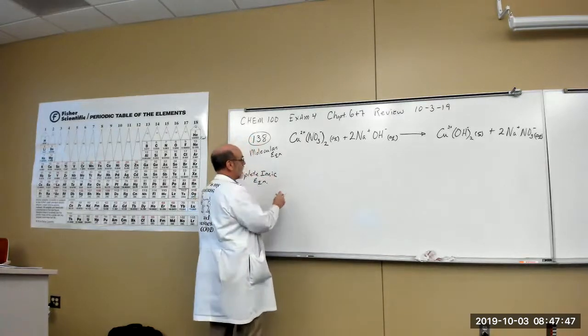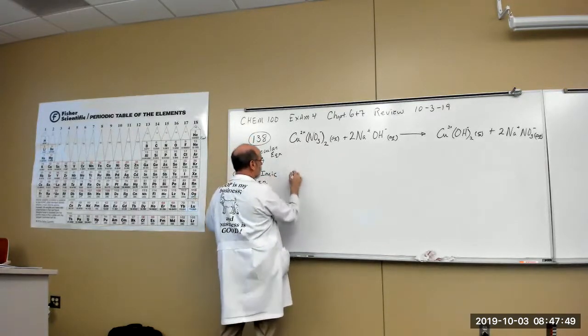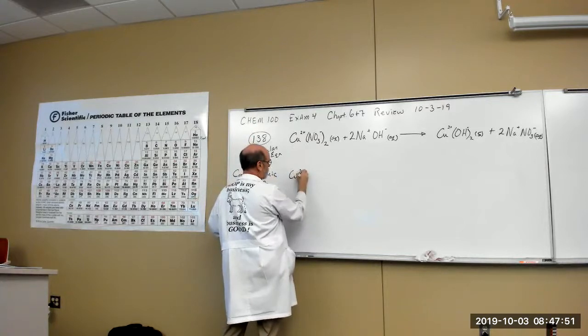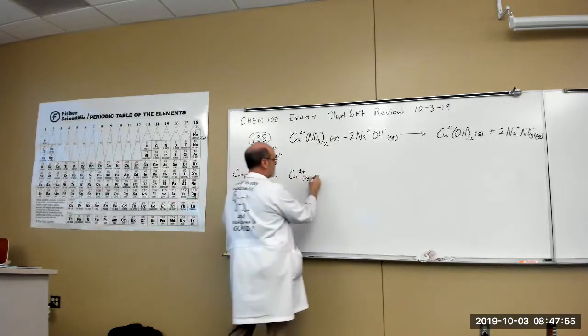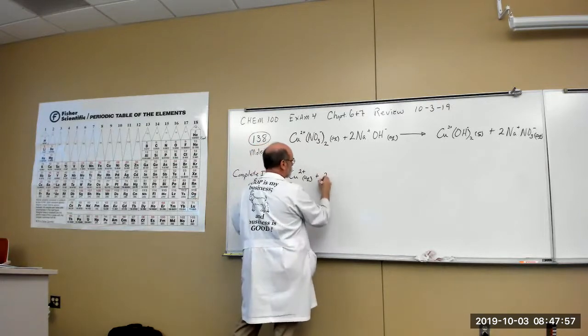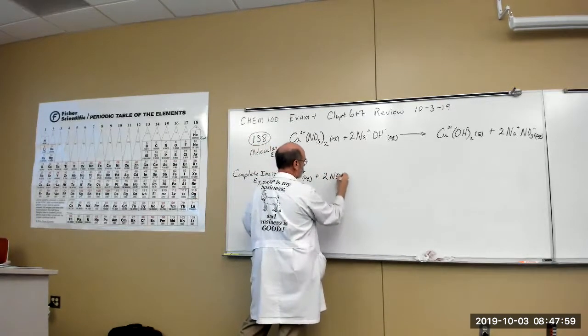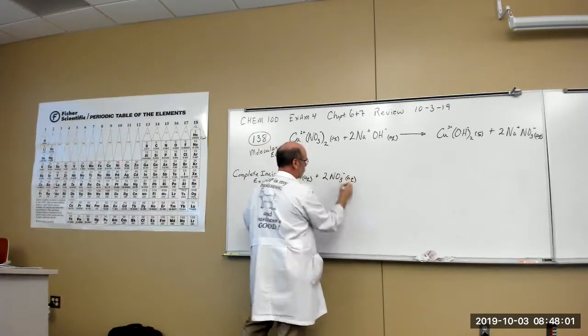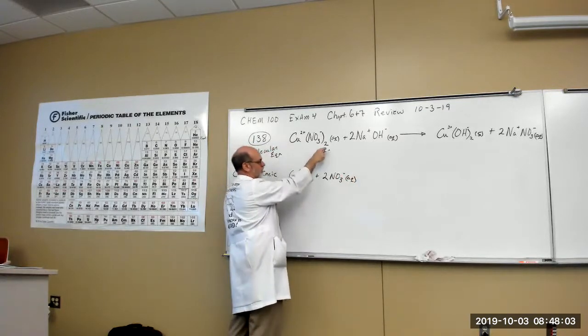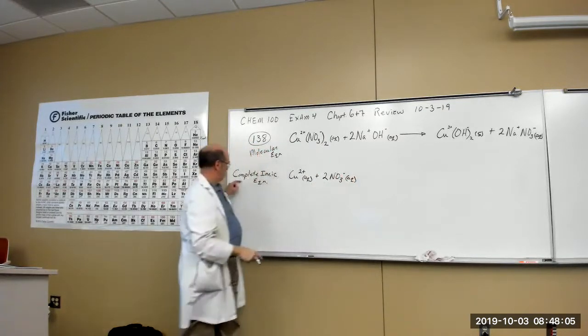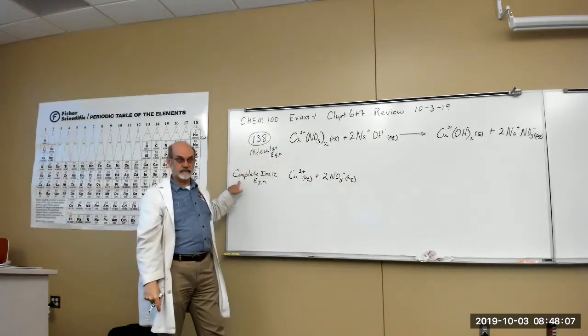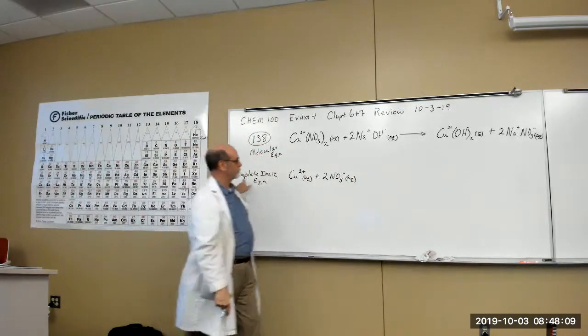So how many of them do you have? Well, here you only have one copper in solution. You have 2 nitrates in solution. So notice that this subscript becomes a coefficient for the ionic equation. You have 2 of them.